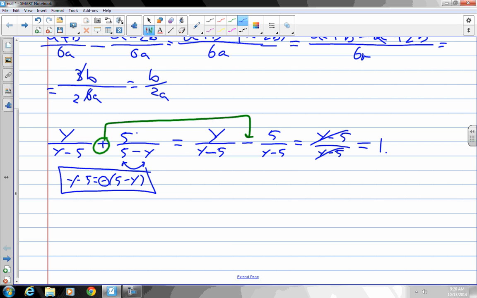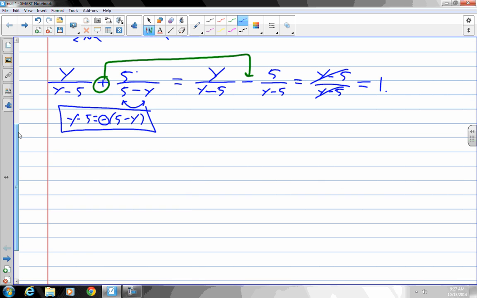So that's what we did. We had to change 5 minus y into y minus 5, so denominators are the same. And it made this problem a lot shorter. Otherwise, it would be a lot longer if you were finding the denominator by actually multiplying the two different denominators.